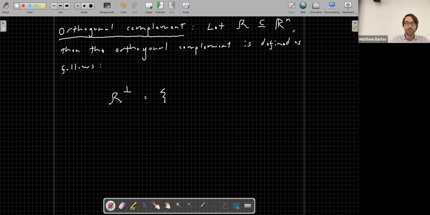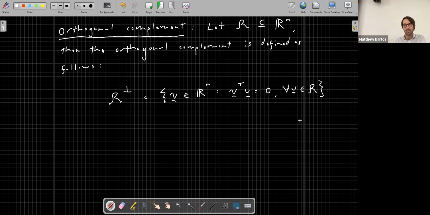It is equal to the set of vectors V in Rn such that V transpose U is equal to 0 for all U in R, our subspace.